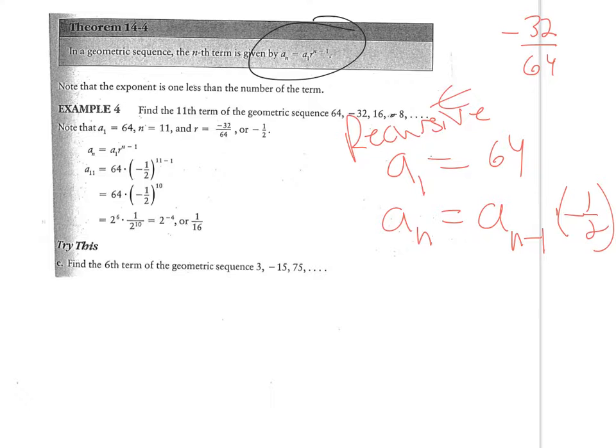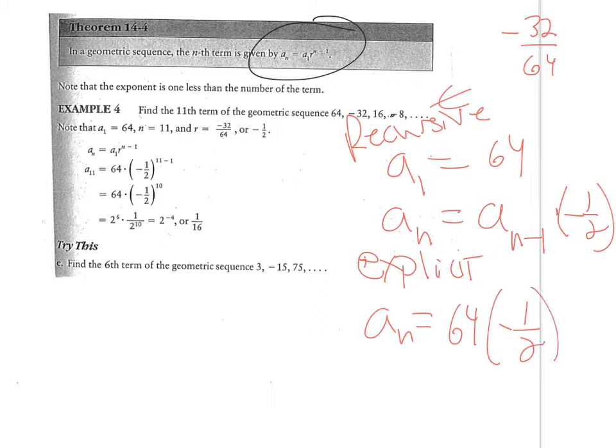If I want to do an explicit formula, I can use that formula that they had at the top of the page here. So a sub n equals my first term, which is 64, times my common ratio raised to the n minus 1. And that will let me find any term in this sequence.